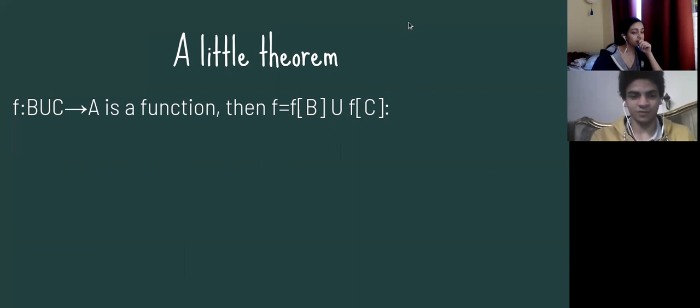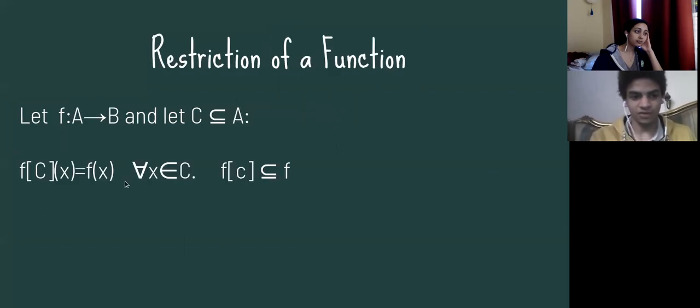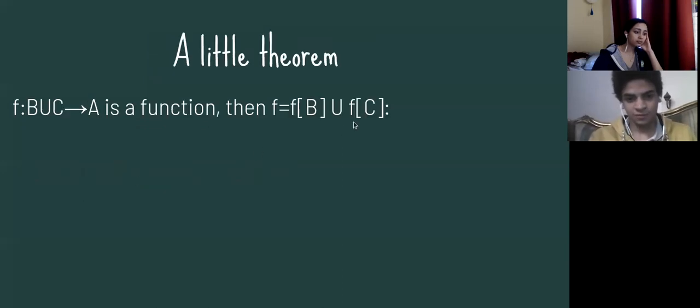But for 2 minutes, think why this is the case, given the definition that we gave to the restriction of f to B and to the restriction of f to C. So that's just the definition here. It's the same function, but on a smaller domain. So you'll have just some time to think why this could even be true.